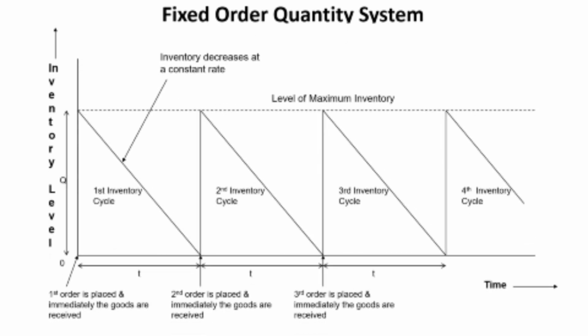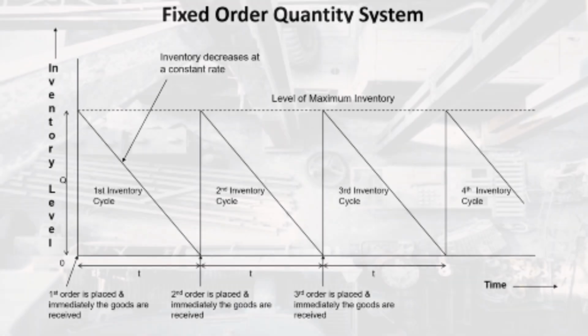When we look at the diagram, on the x-axis is time and on the y-axis is inventory level. Q, which you can see on the left side of the y-axis, is the economic order quantity, or the lot size, or the reorder quantity. During period T, once you have purchased a certain quantity, it starts being consumed.